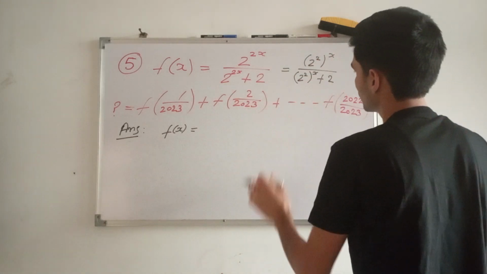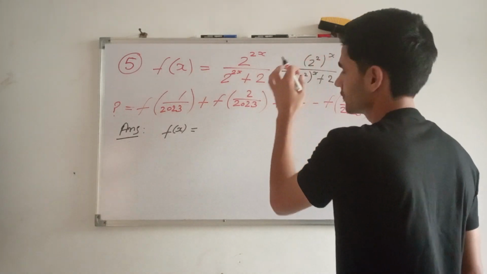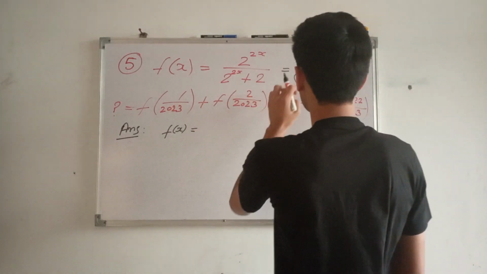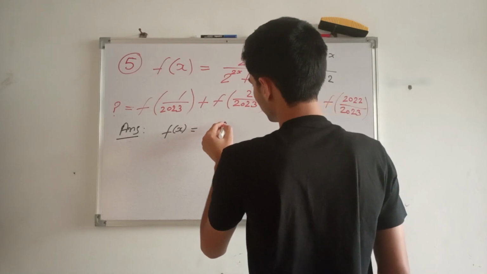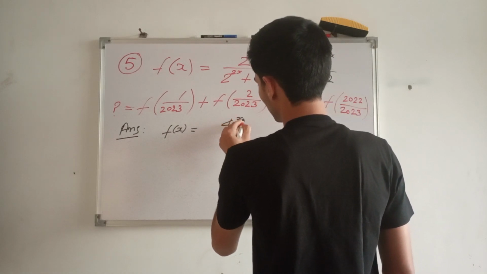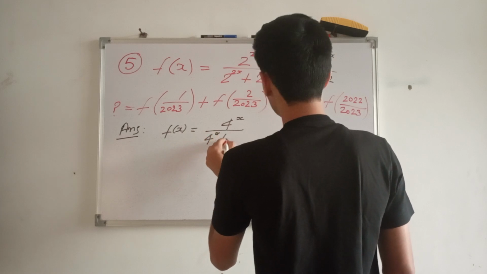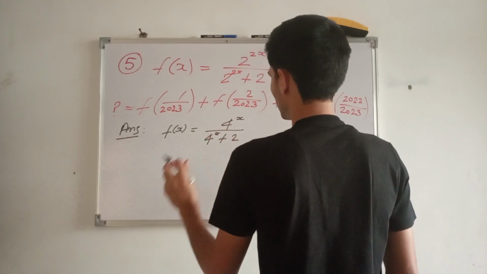Because power to the power gets multiplied, so when it comes back inside it will become 2 to the power 2x, and here also it will become the same. Now 2 to the power 2 is 4. We get 4 to the power x upon 4 to the power x plus 2.